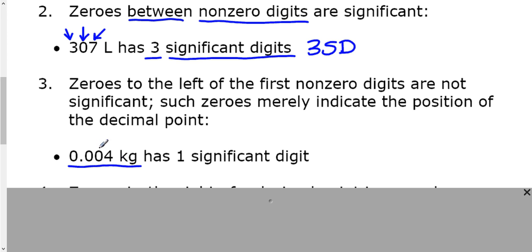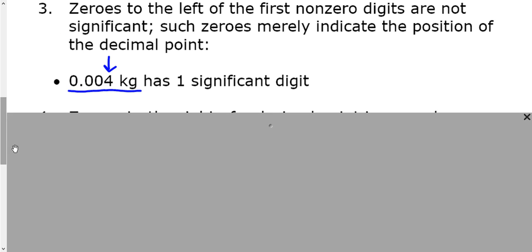The zeros are to the left, these ones here, of our non-zero digit. The number 4 is our non-zero digit. This doesn't count, this doesn't count, this doesn't count. Only the number 4 counts. So this value here has 1 significant digit.